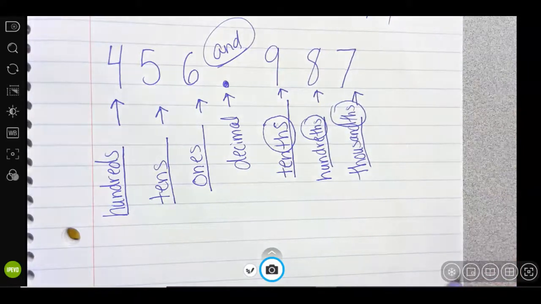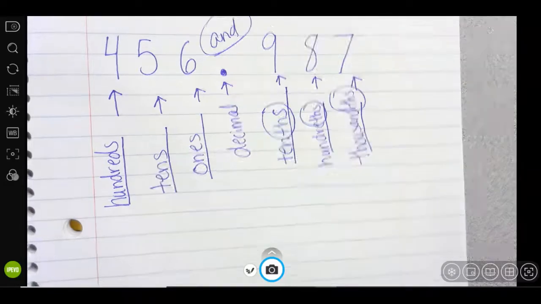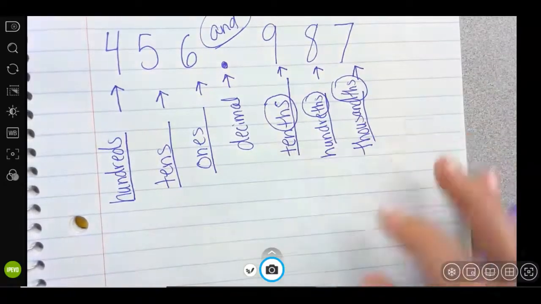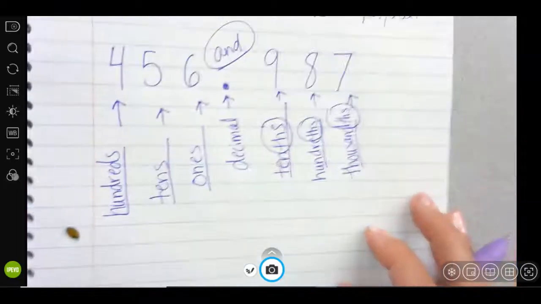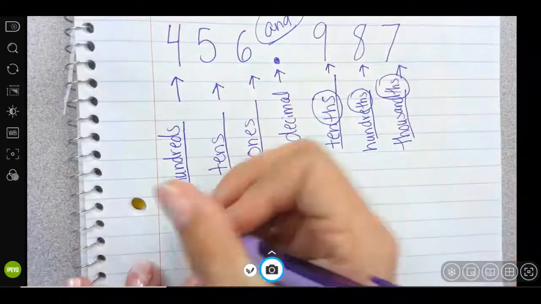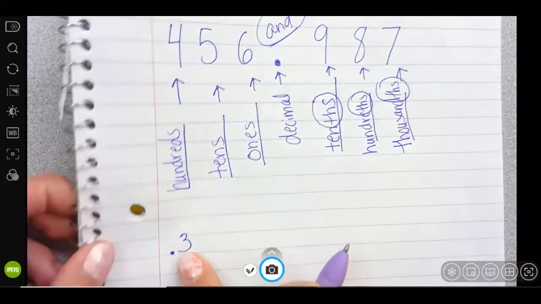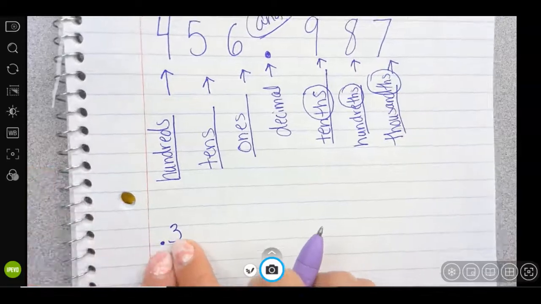Okay, we're going to do some practice. So, there's my page. Okay. Let's do some practice. If you had this number, 0.3, it would be 3.